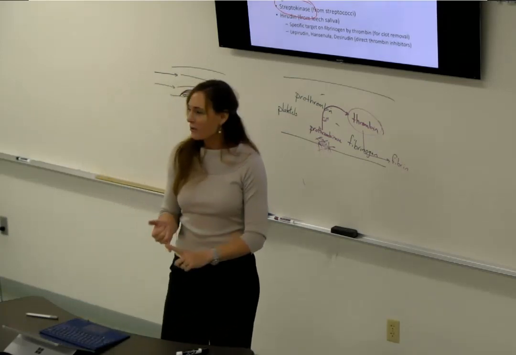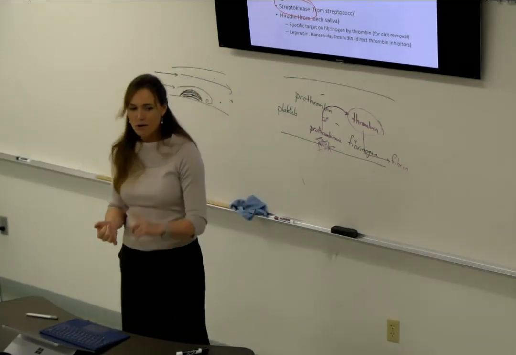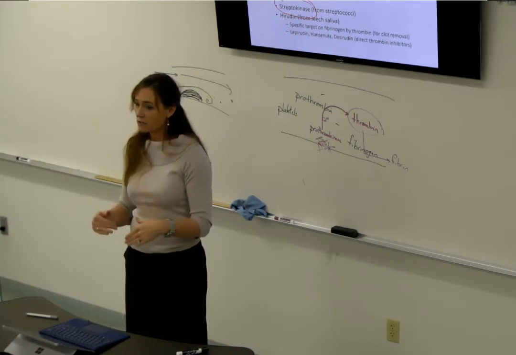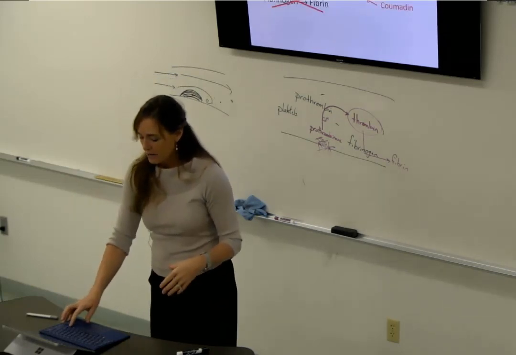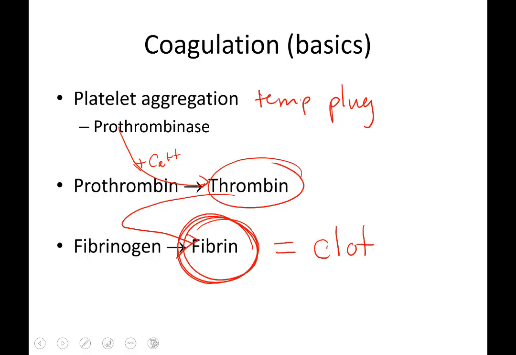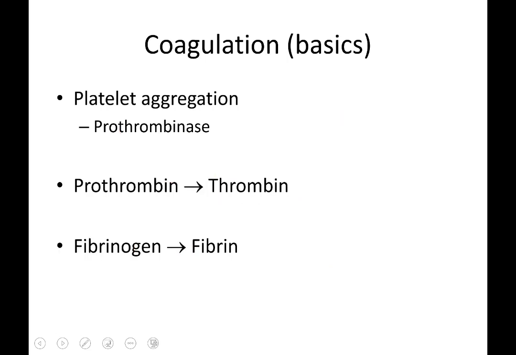So if you know the plasma, red blood cell story, you know blood typing, who can donate to who, that kind of stuff. And as far as blood clotting, you bring it right down to this one. The most important page is this one, that you know these 3 steps. Then from this page, you know the anticoagulants, where they work.